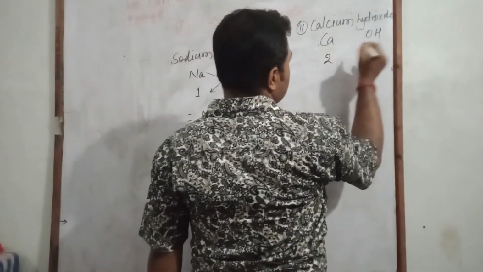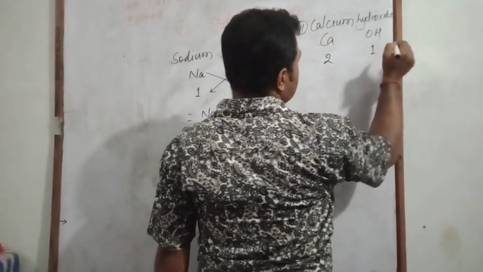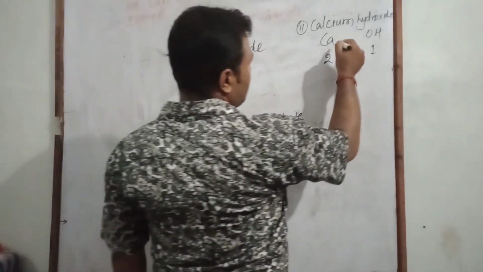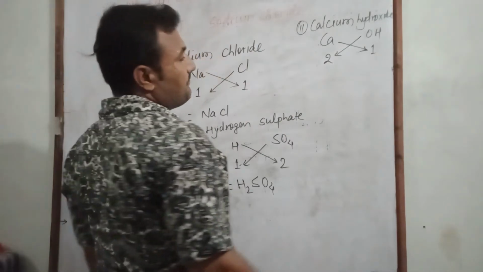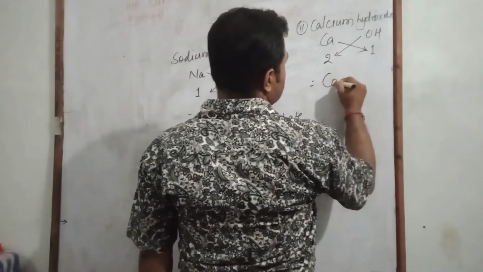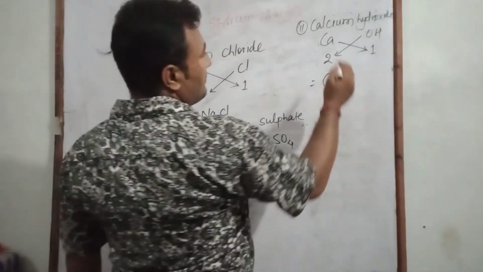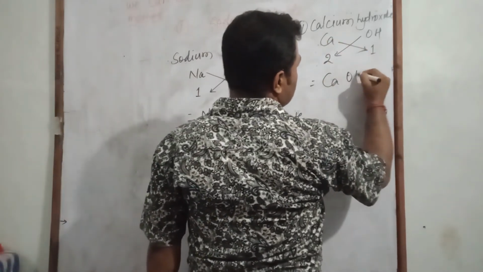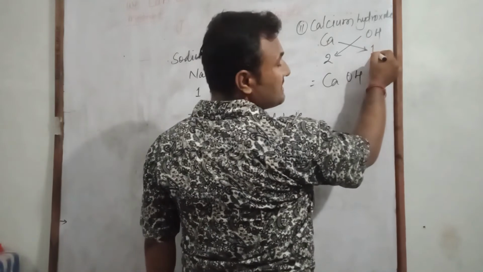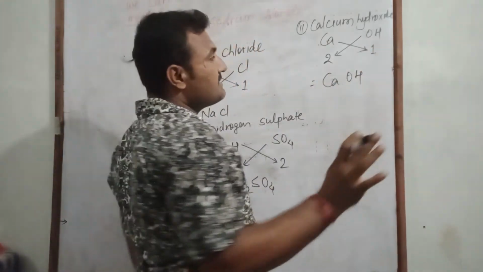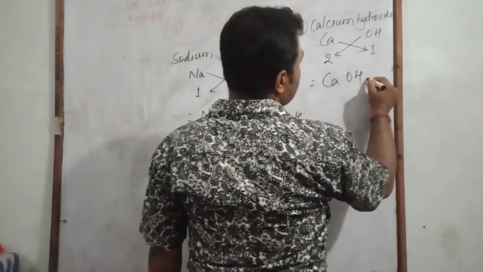The valency of calcium is 2, hydroxide is 1. Here we apply the criss-cross method. At first we write CaOH: with calcium the valency 1, no need to write, with hydroxide 2.